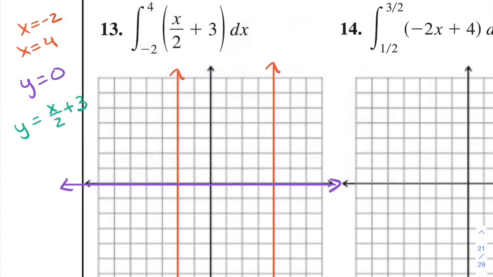The last one, you can't draw a horizontal line because it's not y equals 5, right? It's a line that has a slope that's more than 0. So let's start at 3. Y equals 3. This is just a line, right? And it has a slope of 1/2, right? Isn't it just y equals 1/2 x plus 3? So I'm going to go up 1 over 2, up 1 over 2, up 1 over 2.